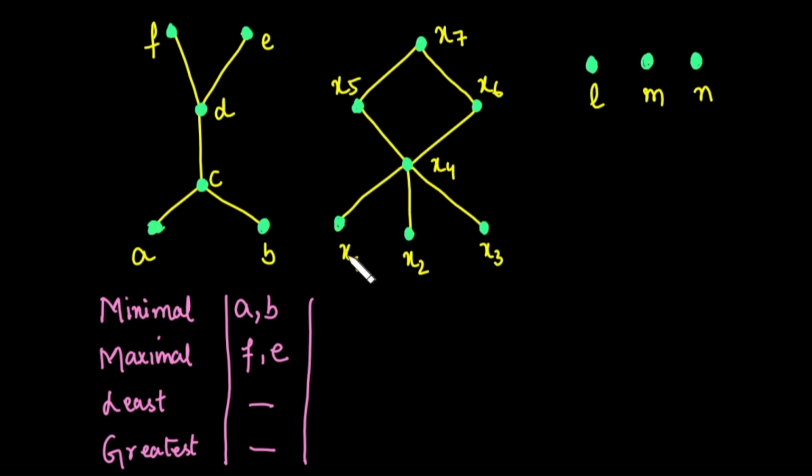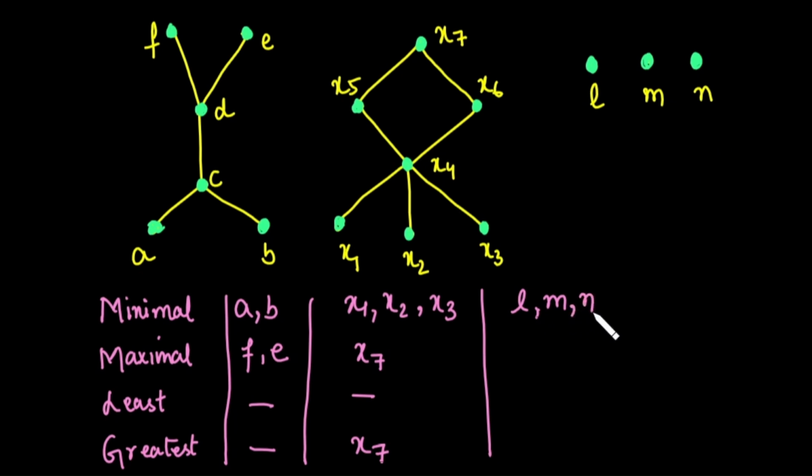In case number 2, the minimal elements are x1, x2, x3, and the maximal element is x7. It means the least doesn't exist but the greatest exists, that is x7. In the next case, there exists no element that is less than these, so all act as minimal.